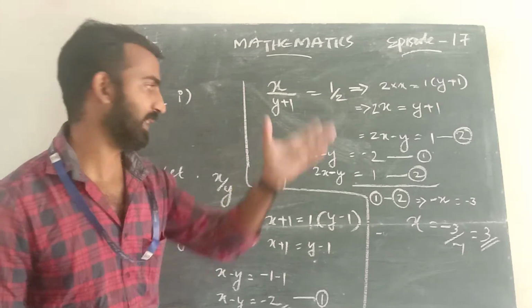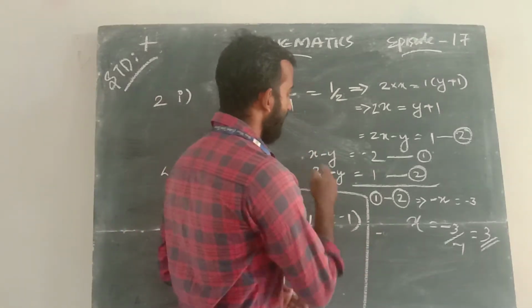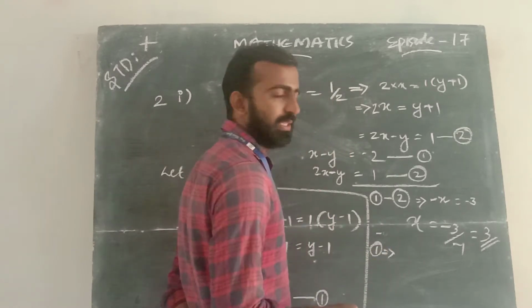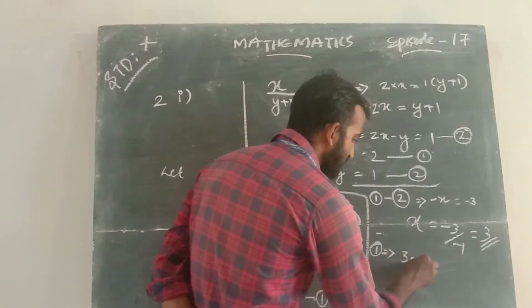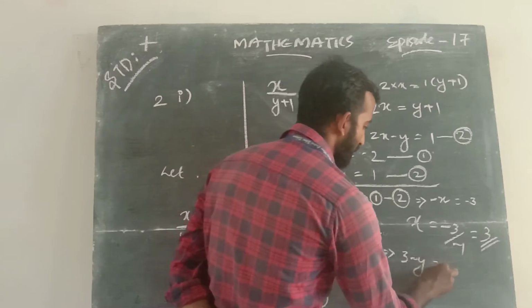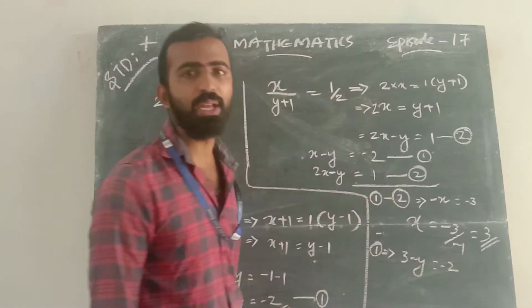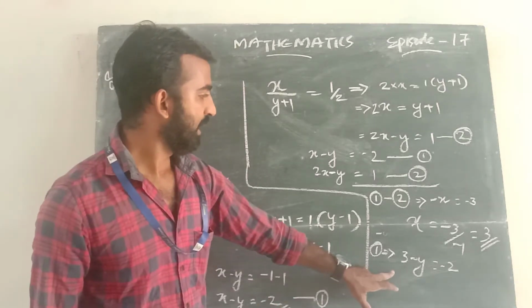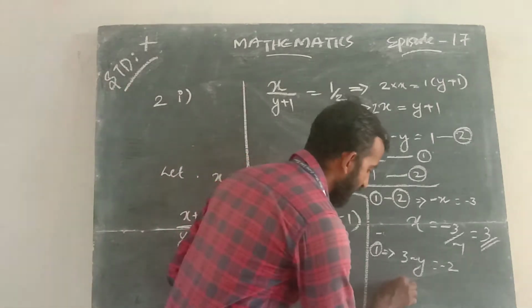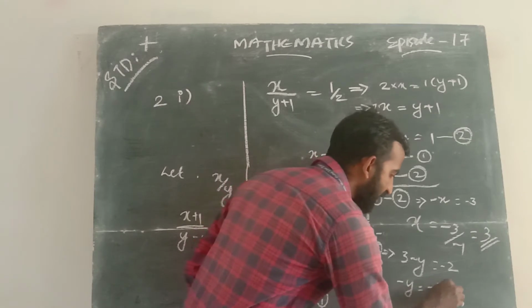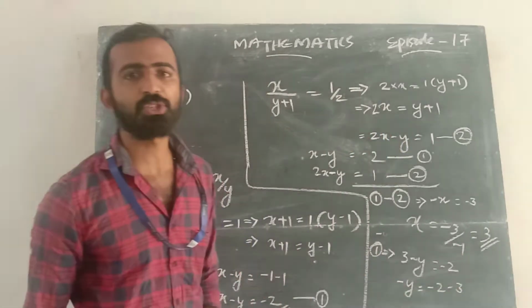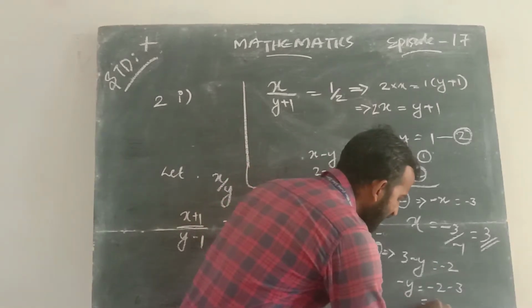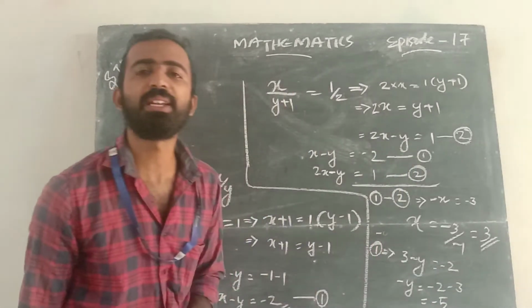In equation number 1, 3 minus y equal to minus 2. So minus y equal to minus 2 minus 3, we can write negative 5.